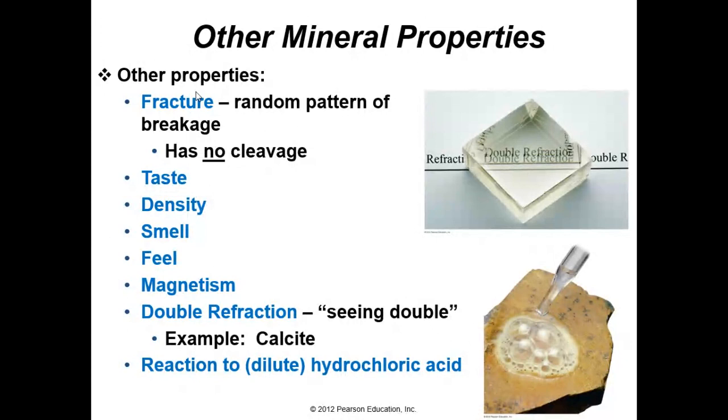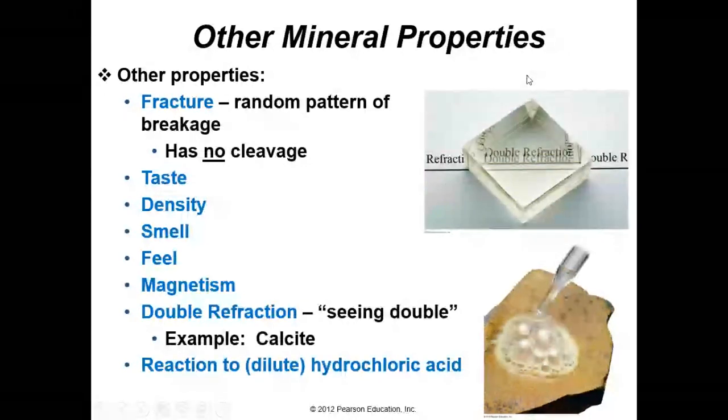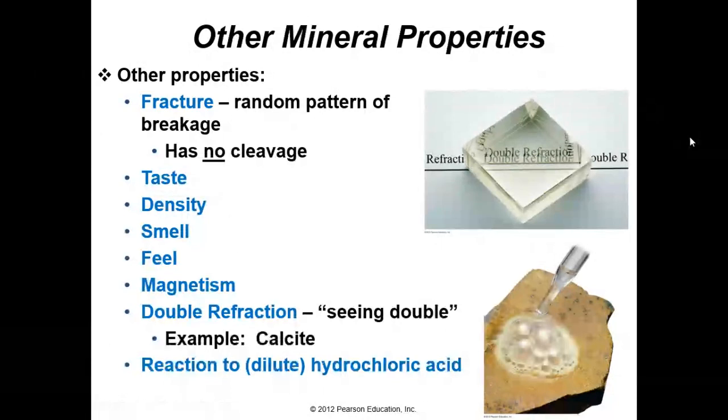Then there's double refraction. This one is really interesting. It's too bad we aren't physically in lab to be able to see this, but what you see in this example here is double refraction. Calcite is a good example of double refraction. This is where when you look through it, you can actually see double.